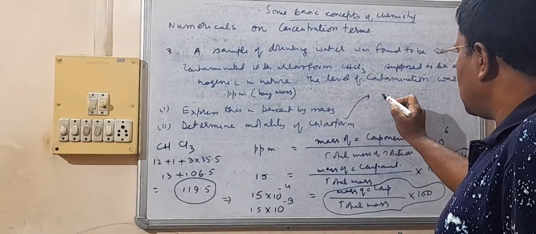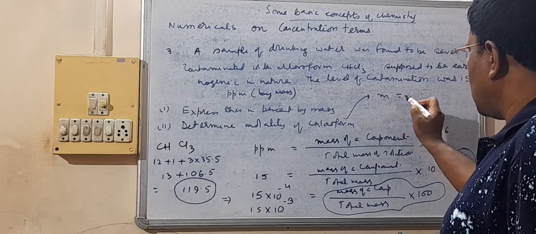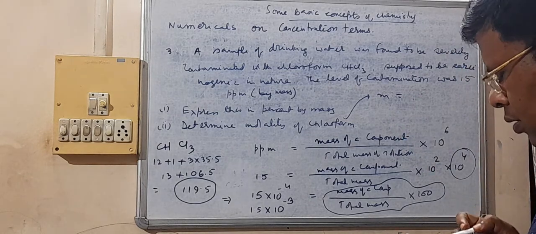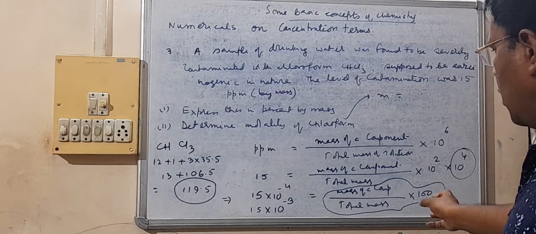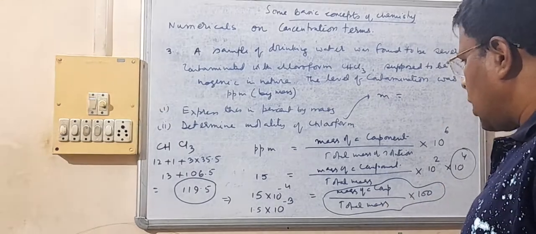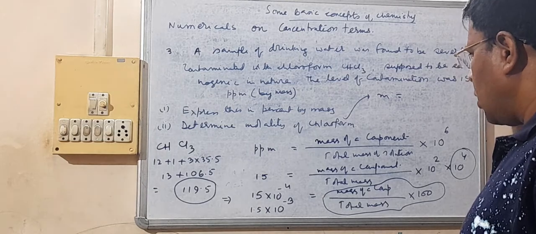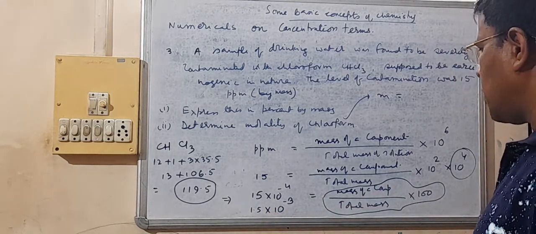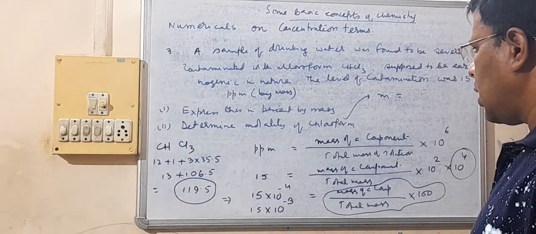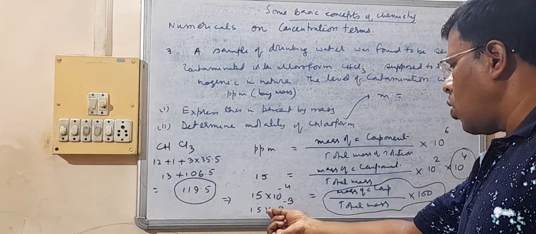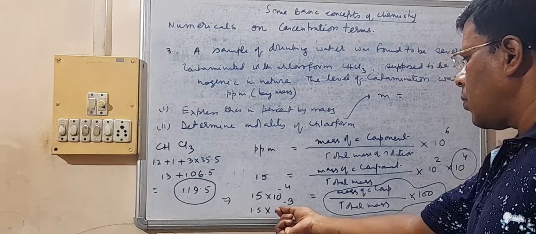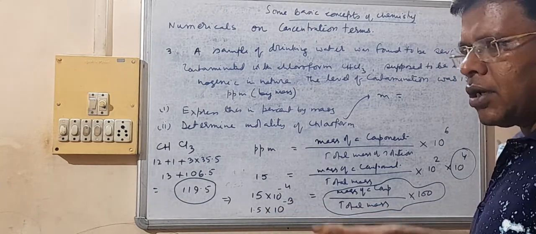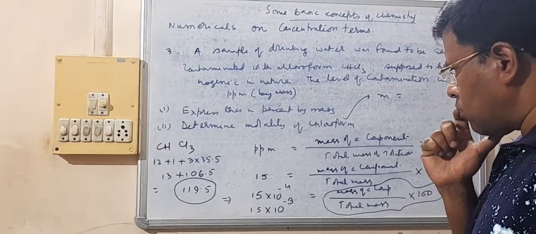You know, molality is moles of solute. Now what we see is that since mass percent is this much, that means we can say that this much gram of chloroform is present in 100 gram of the solution.